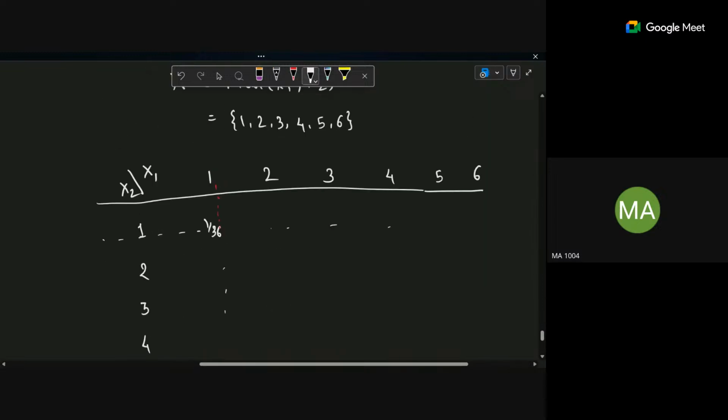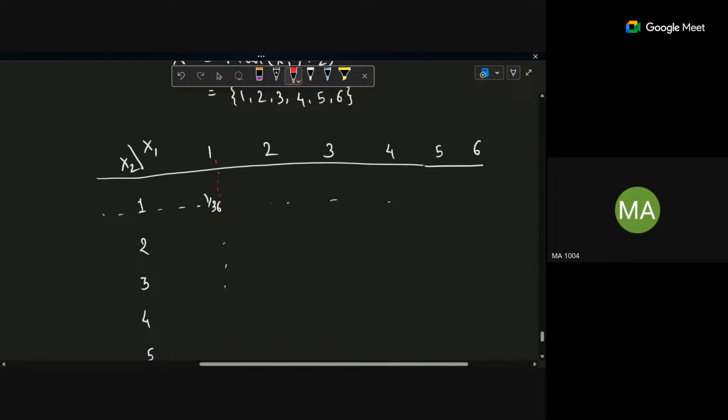What are the cases when the maximum of X1, X2 will be 2? 1, 2, and 2, 1, and 2, 2. The best way to consider all the cases is to just mark them on the table. So how many cases are there? This 1, 2, and 3, right?